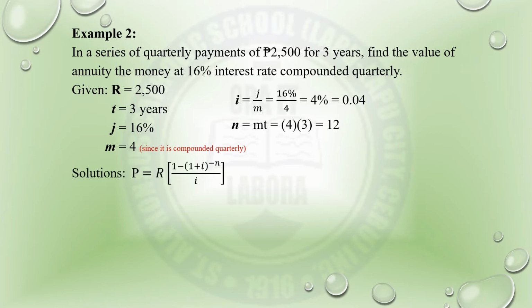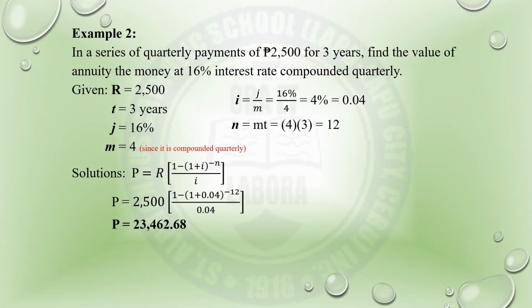So the solutions: use the formula to find the present value of the ordinary annuity, which is P is equal to R times the quantity of 1 minus the quantity of 1 plus I raised to negative N over I. And then substitute the variables to their values, and our process will become P is equal to 2,500 times the quantity of 1 minus 1 plus 0.04 raised to negative 12 over 0.04.